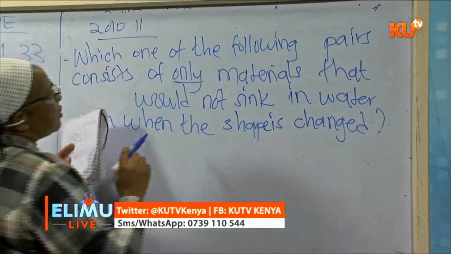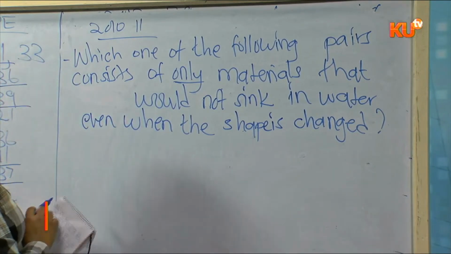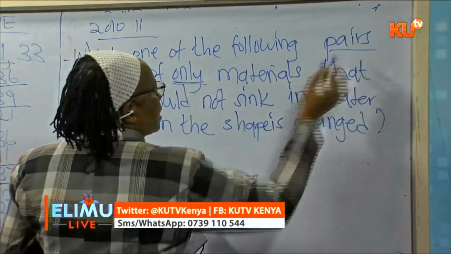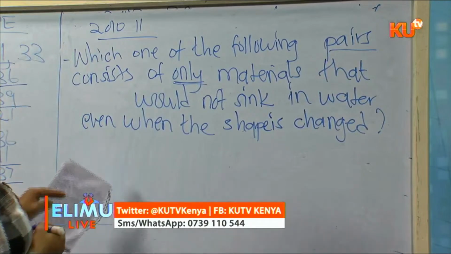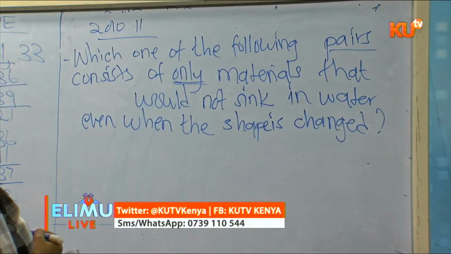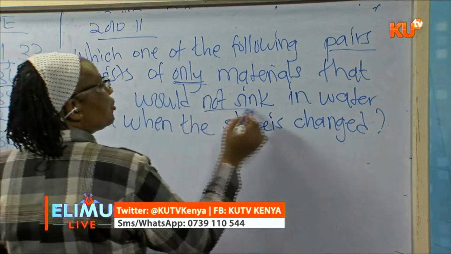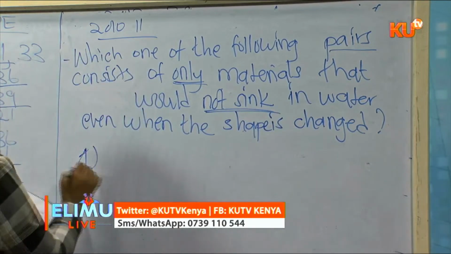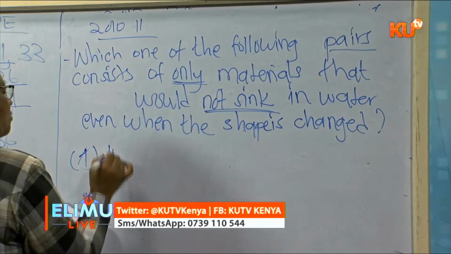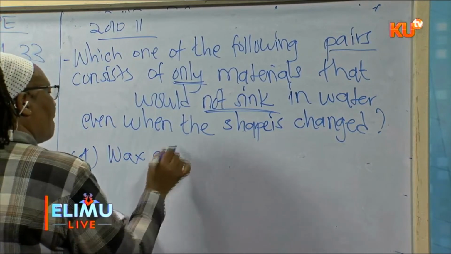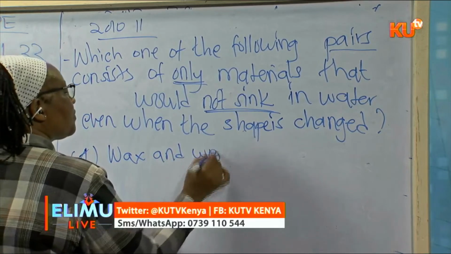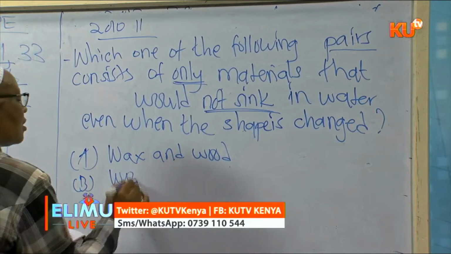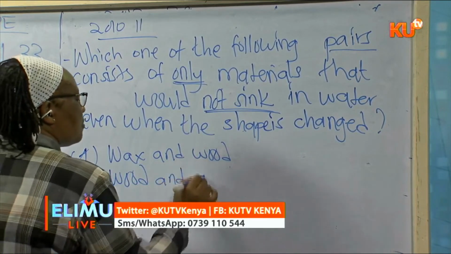Okay, so here you read the question carefully and underline the keywords. You are looking at pairs in the choices that would consist of materials that would not sink even when the shape is changed. So the first pair is wax and wood. The second pair is wood and aluminium.